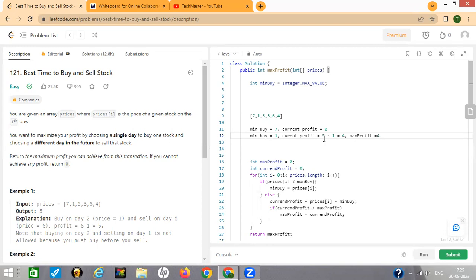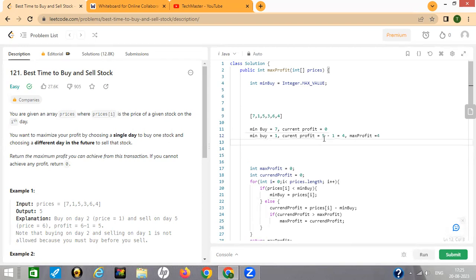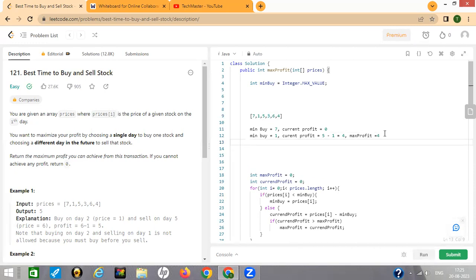Our current profit is 4 and max profit is 4. Now next we go to 3, but 3 is not less than 1. So again the current profit will be 3 minus 1, that will be 2, and max profit will remain 4.